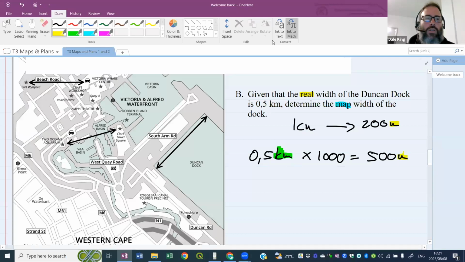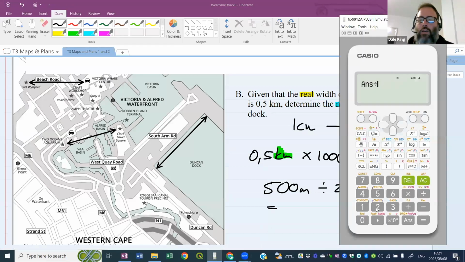All right. And now Fifi is saying, divide, divide, divide. Yes, because if I know that every 200 meters is 1 centimeter, in my 500, how many 200s do I have? To work that out, I will need to divide. So I've cut my 500 meters up into 200 meter pieces, because every single one of those 200 meter pieces is a centimeter.